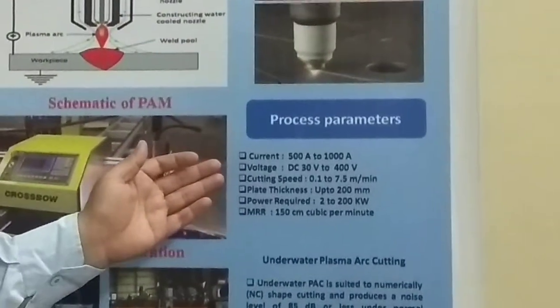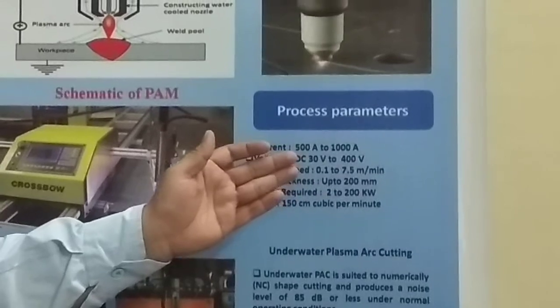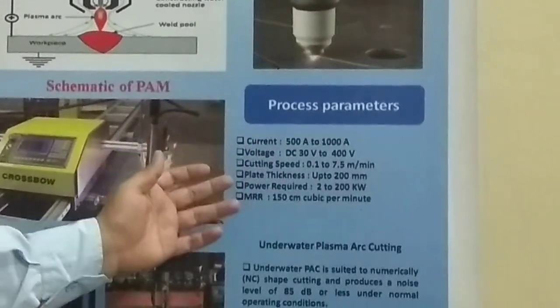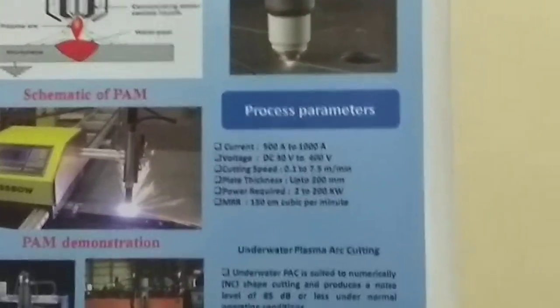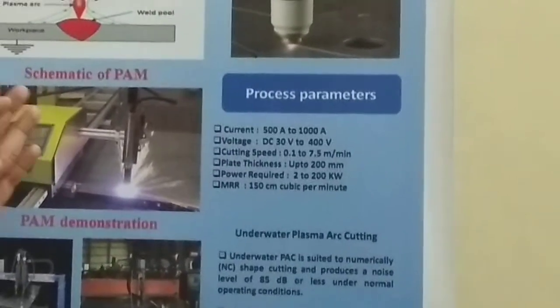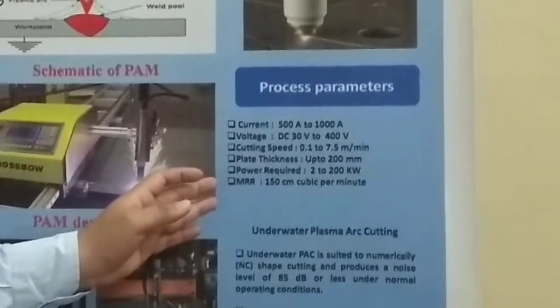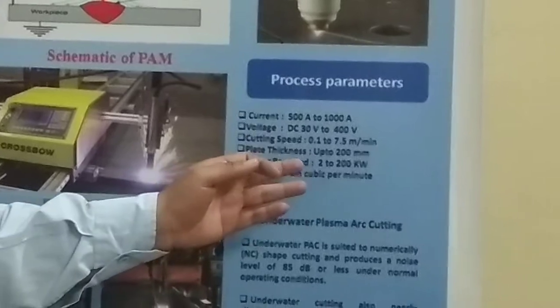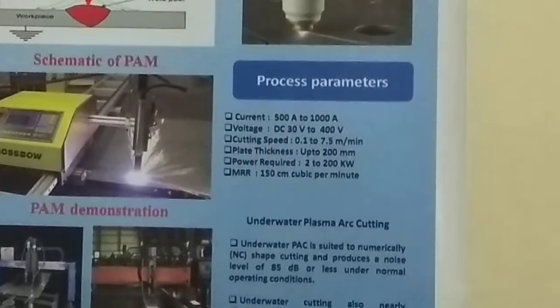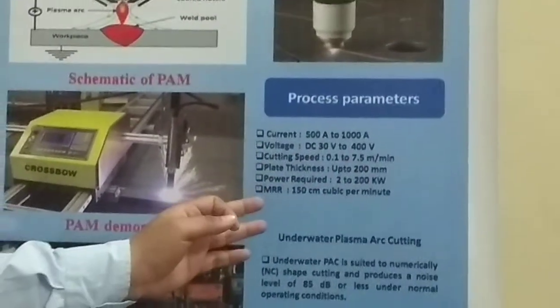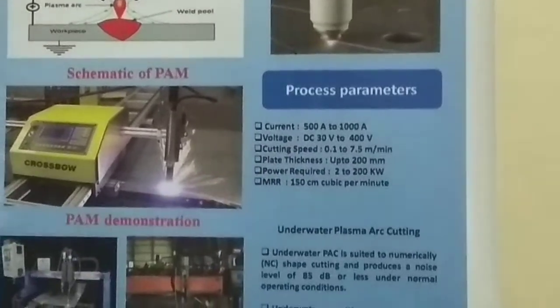Cutting speed ranges from 0.1 to 7.5 meter per minute. Plate thickness up to 200 mm can be machined by plasma arc machining. Power requirement is high, which is 2 to 200 kilowatt. The MRR is 150 cubic centimeter per minute.